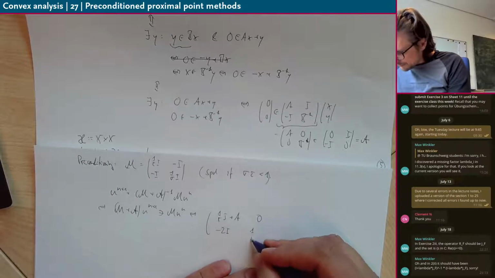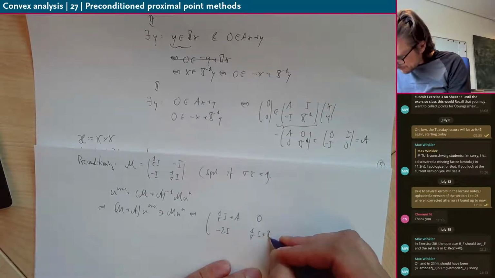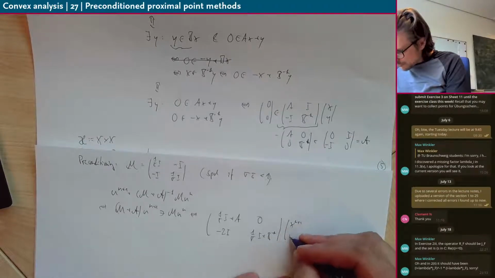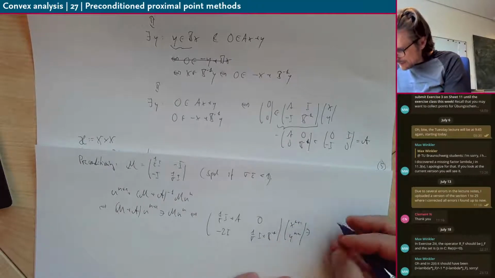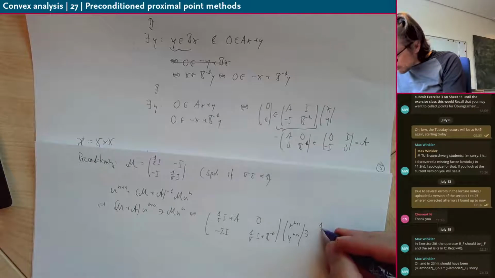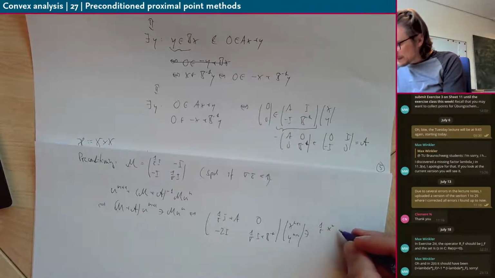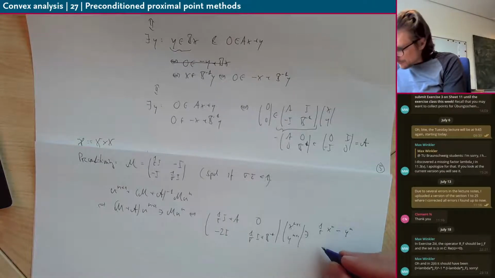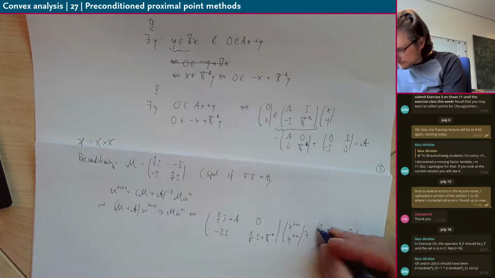Here we have 1 over sigma identity plus B to the minus 1, applied to (x^{n+1}, y^{n+1}), contains 1 over tau x^n minus y^n. That's over there. And here we have minus x^n plus 1 over sigma y^n.